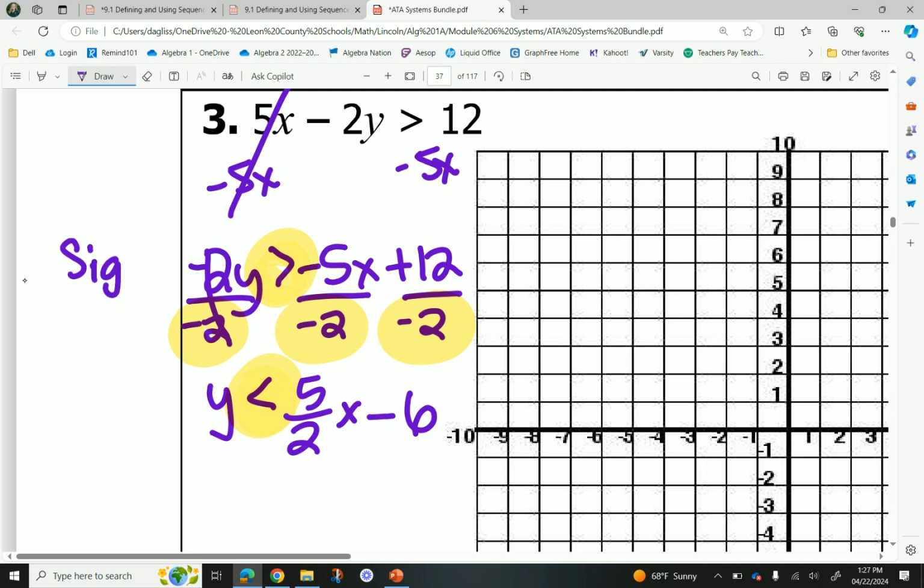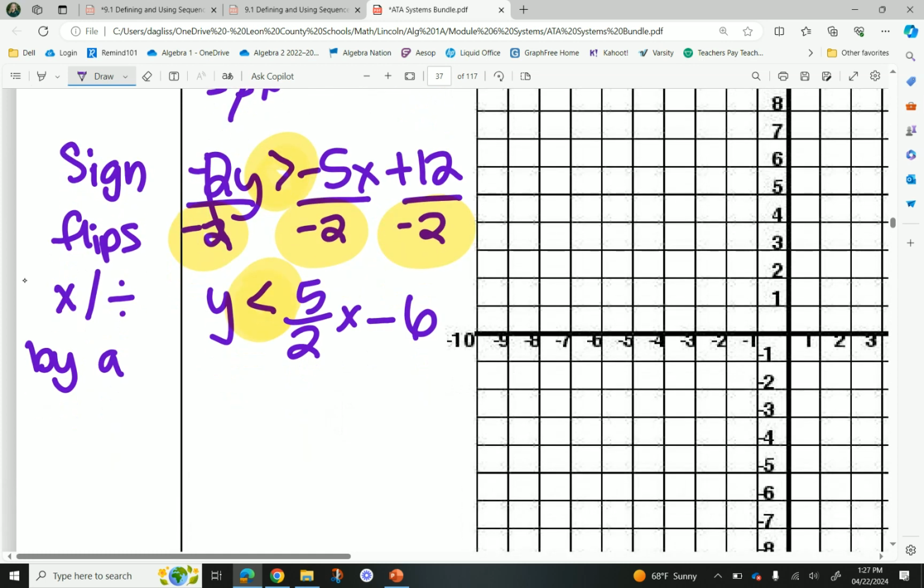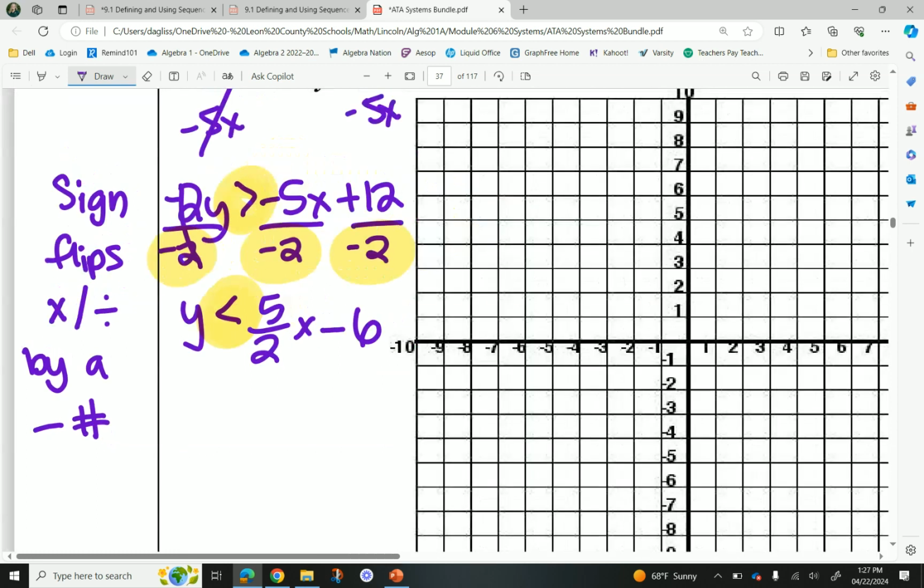Sign flips when you multiply or divide by a negative number. Okay? Your sign flips when you multiply or divide by a negative number.